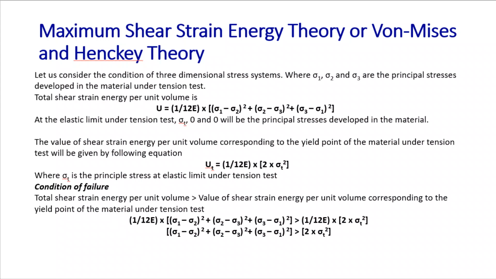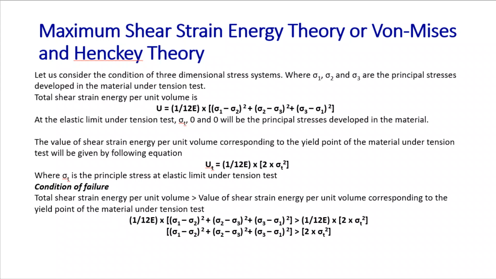As it is a uniaxial loading test, the other components, sigma 2 and sigma 3, will be 0. So the shear strain energy per unit volume corresponding to the yield point of the material under tension test is Ut equals 1 by 12E into 2 into sigma t square.